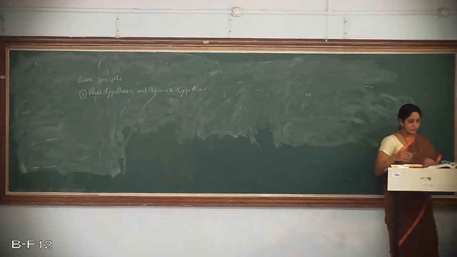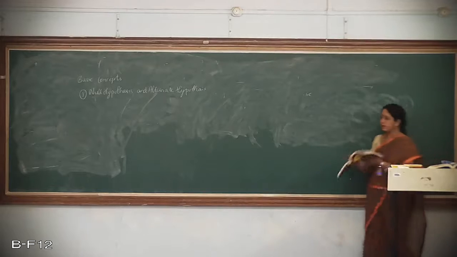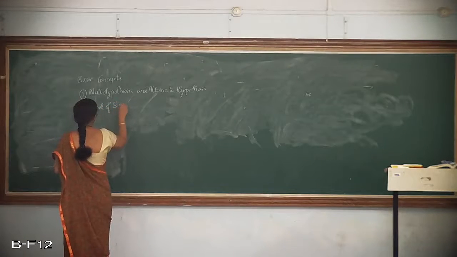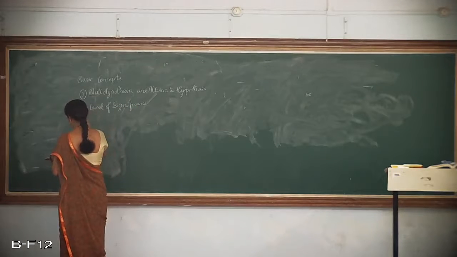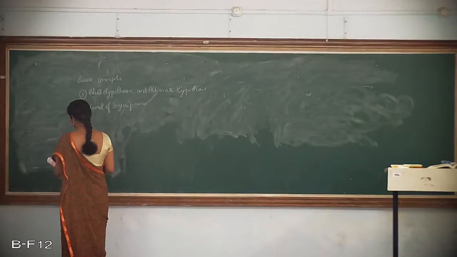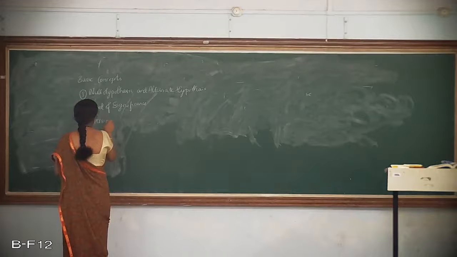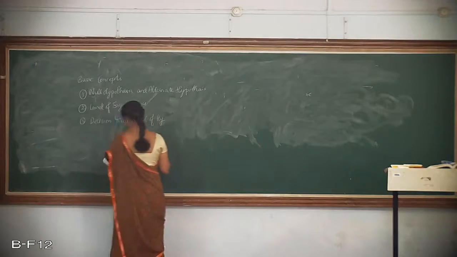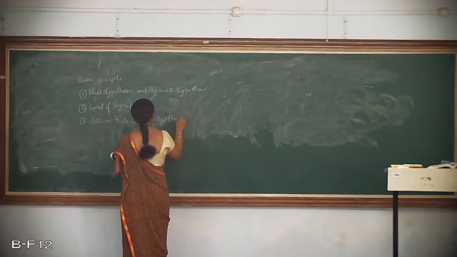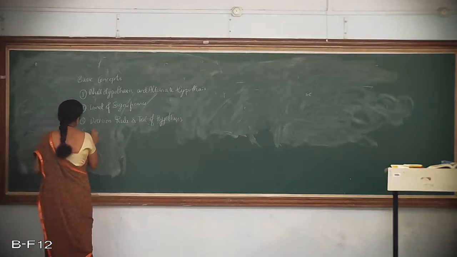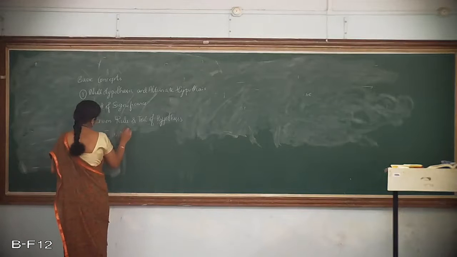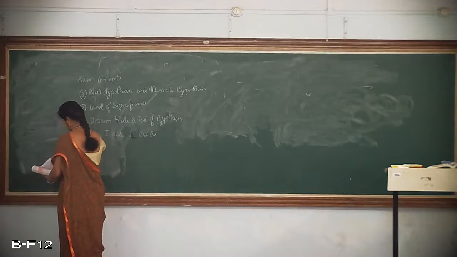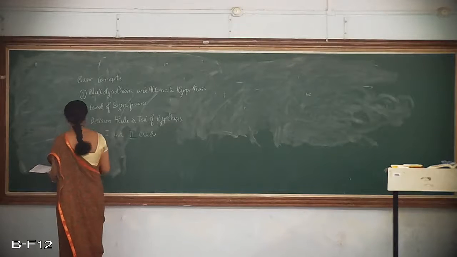Then I'll list down the concepts so that they are very clear: level of significance; then the third, decision rule or test of hypothesis; then type 1 and type 2 errors; then two-tailed and one-tailed tests.